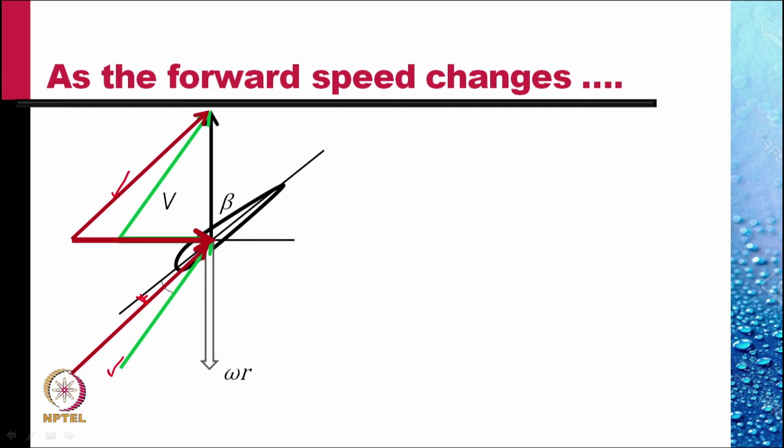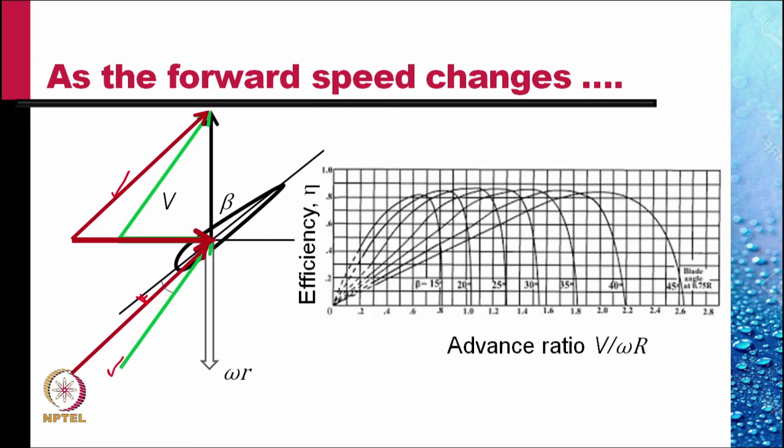If the earlier value of angle of attack was optimum, then we must change the pitch of the blade such that the angle beta increases so that alpha gets back to its optimum value. This is the curve that we saw for efficiency versus advance ratio.